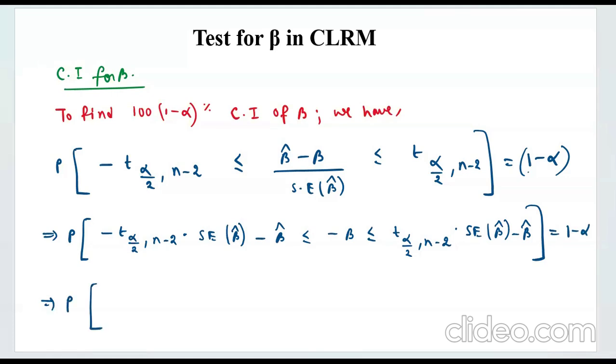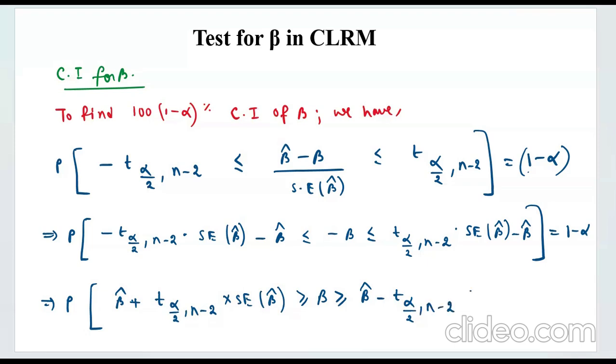or probability that beta cap plus t alpha by 2, n minus 2 into standard error of beta cap is greater than or equal to, since you are basically multiplying by minus on all sides, beta, which is greater than or equal to beta cap minus t alpha by 2, n minus 2 into standard error of beta cap.